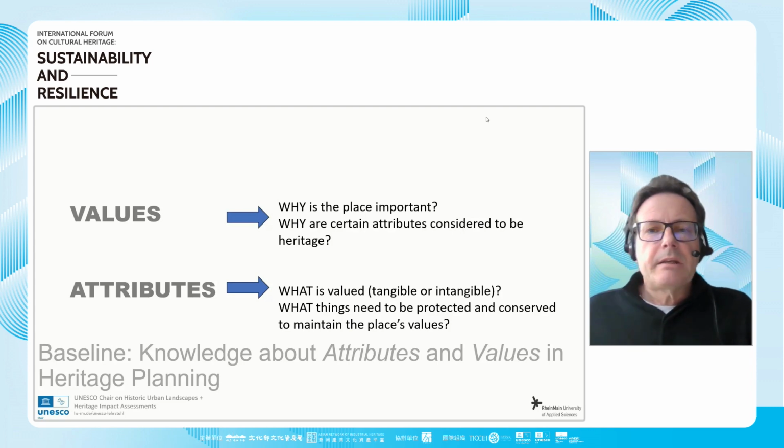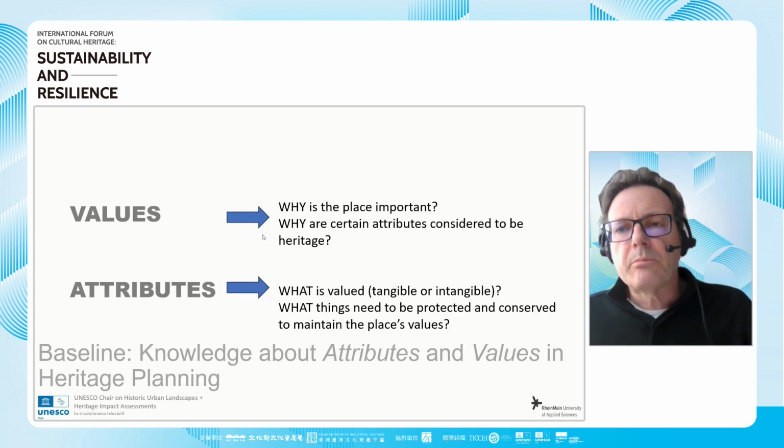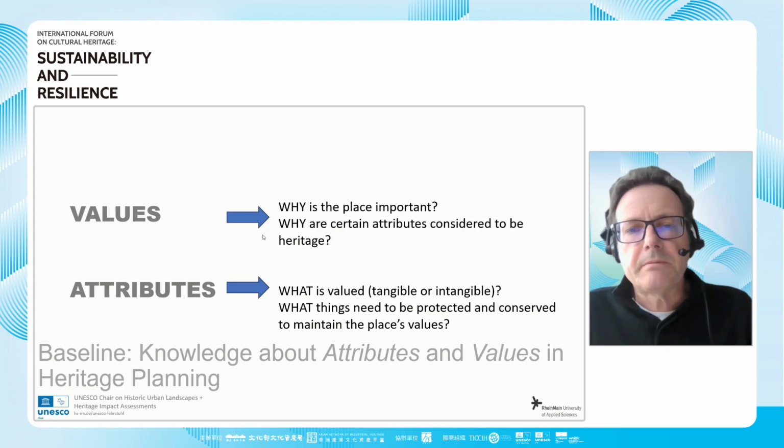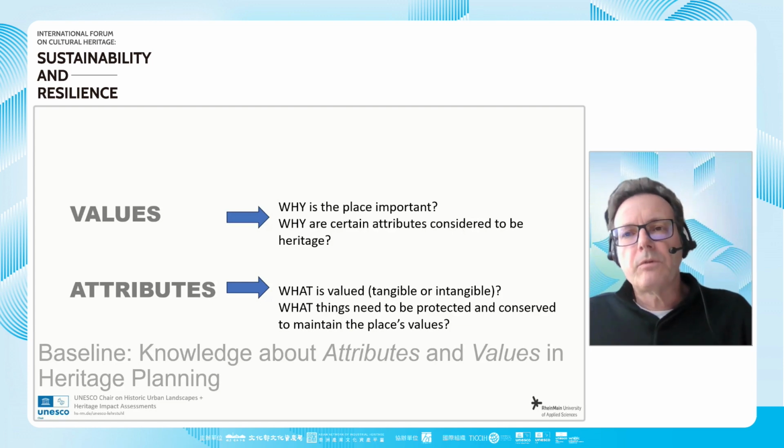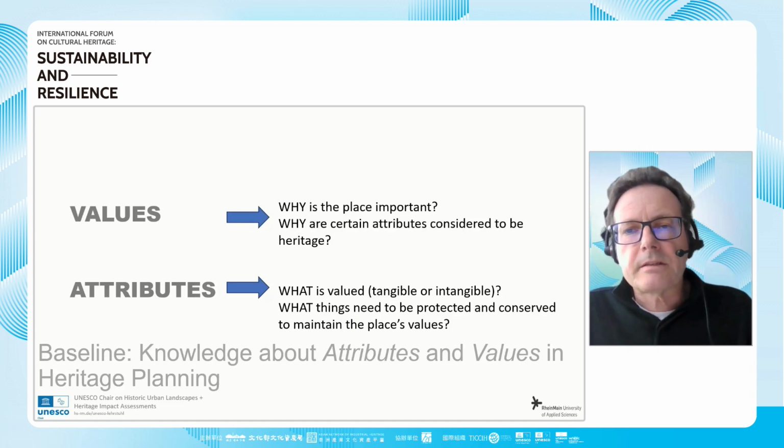And this seems to be quite easy, but in my experience, it is not so easy to have a clear finding of what our heritage is about and what are the elements and attributes we finally have to preserve, and what might be other fields which might be transformed. But nevertheless, this is what this manual and impact assessment is asking us to do.